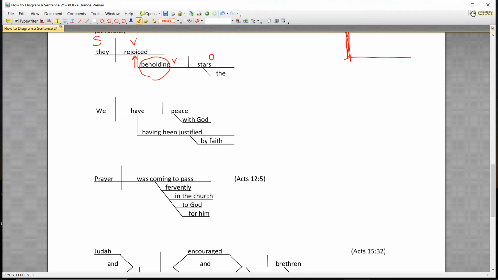I think people can have different views, but I'm wondering if having been justified by faith modifies have or we. If this modifies we, it would be called the adjectival participle. It doesn't matter too much.